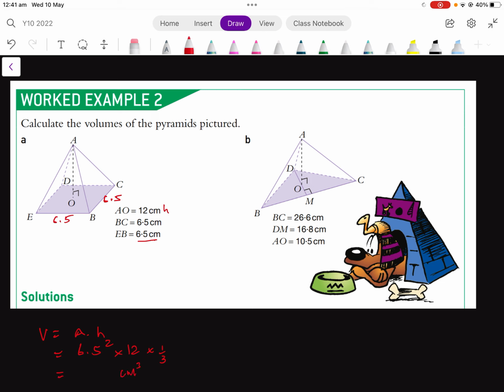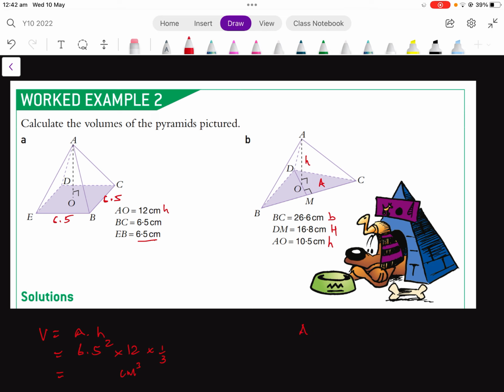Okay. In the second example, I have AO, which is the height, of this triangular base pyramid. So I will need to find the area of the base. BC, that is the base of the triangle, is 26.2, and the DM, the height of the triangle, is 16.8.